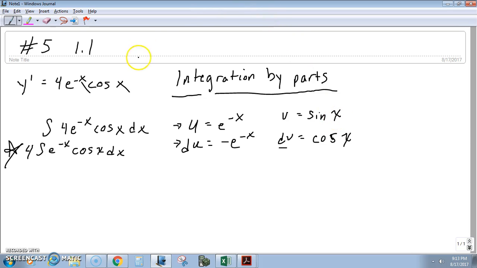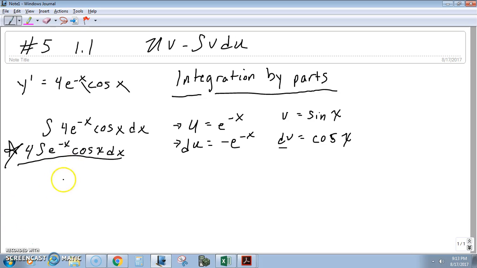And of course up here at the top, I'll go ahead and write the formula, uv minus the integral of v du, right? And so I had to do this a couple of times. I'm just going to leave this here for a minute and rewrite.